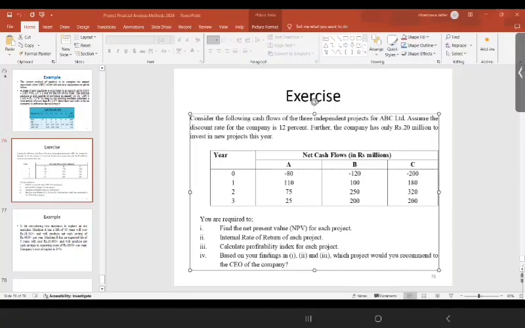So 1.12. Hope that it is a 95 positive value. Are you getting the same amount or a different amount?